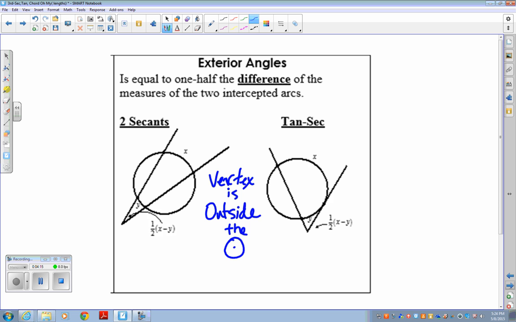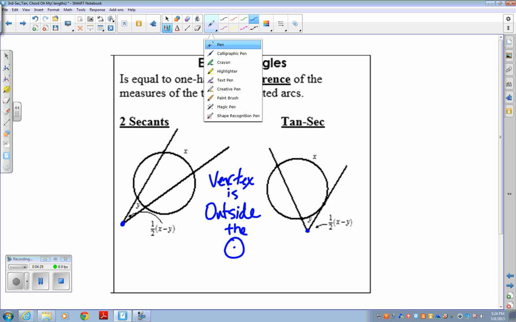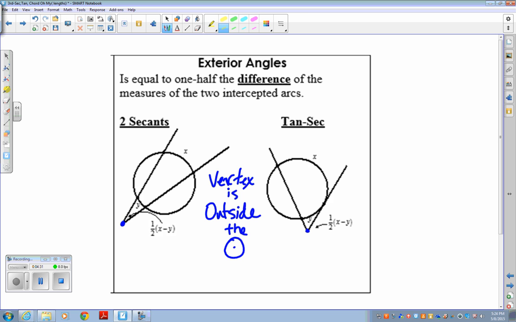If you look here, we have two secants, and when they intersect and meet, the vertex would be outside the circle. Same as if you had a tangent and a secant. Now, to help you see your intercepted arcs, because you're going to use a similar relationship as with interior angles, the exterior angle will be 1/2 the difference of the two intercepted arcs.